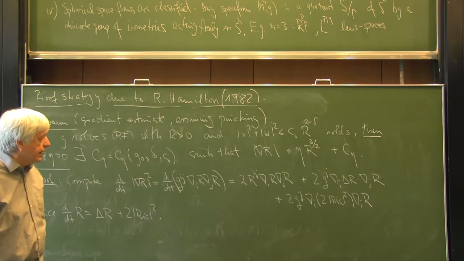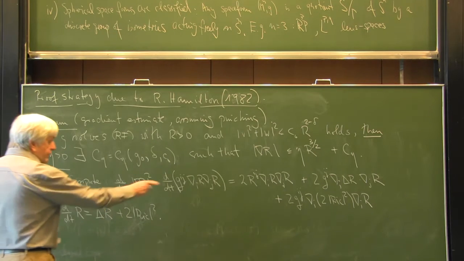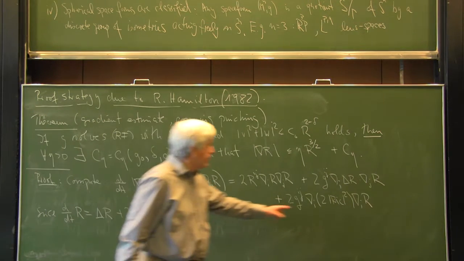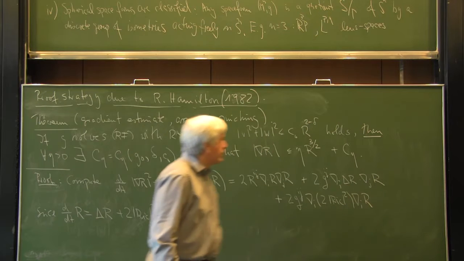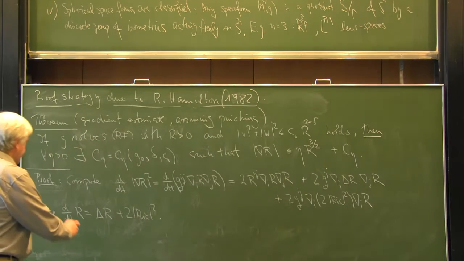So we get this identity, and now we use the fact that we can commute the gradient of the Laplacian with the Laplacian of the gradient.